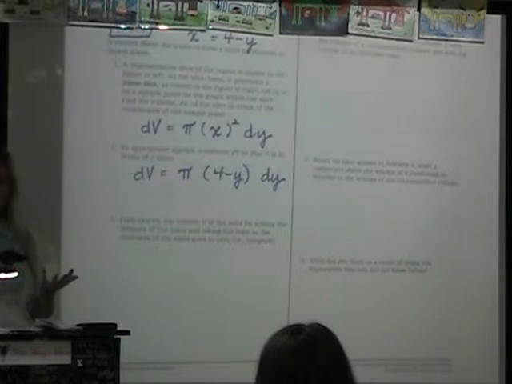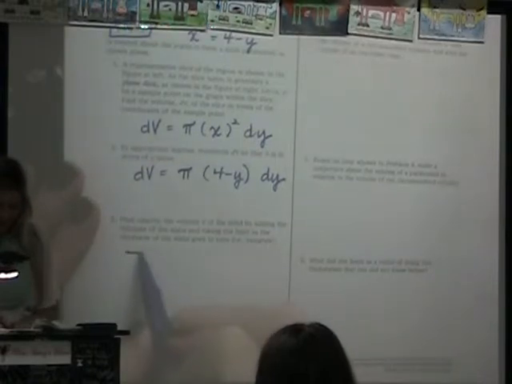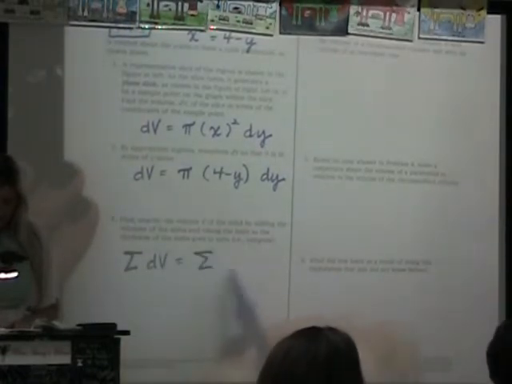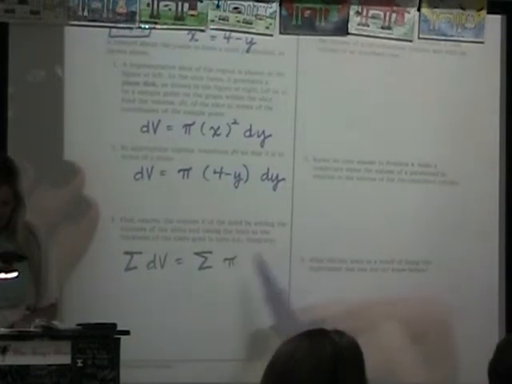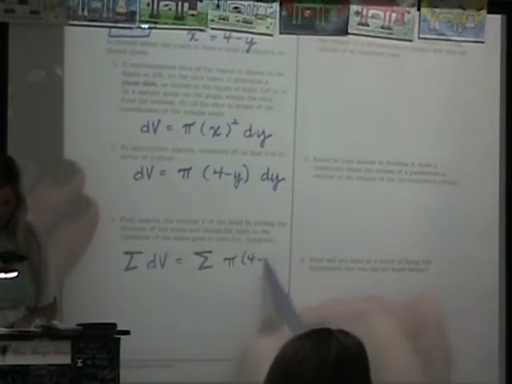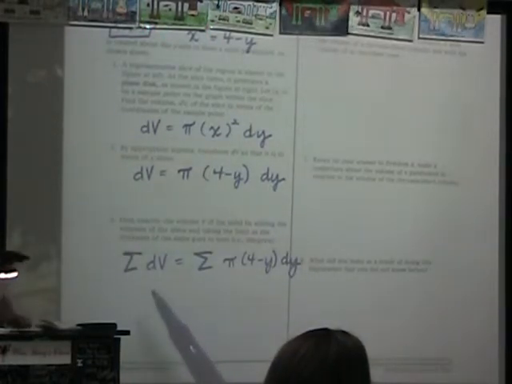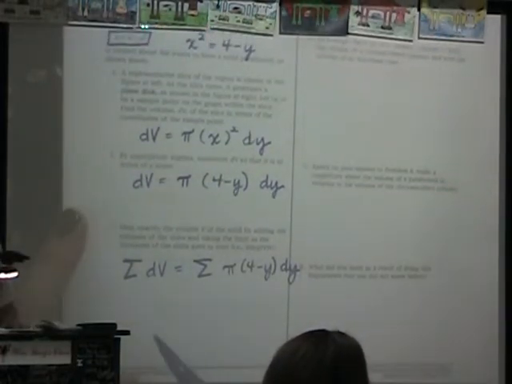The summation symbol, right? If we apply the summation to both sides, and then take the limit, on the left-hand side, you're adding up all the dVs.